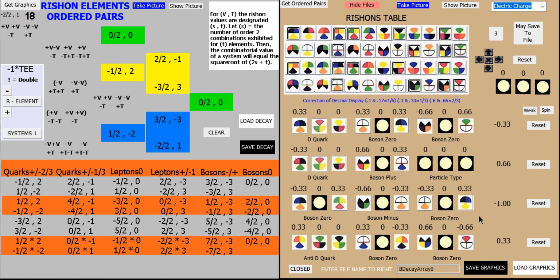And so there we have electric charge. Let's check spin.